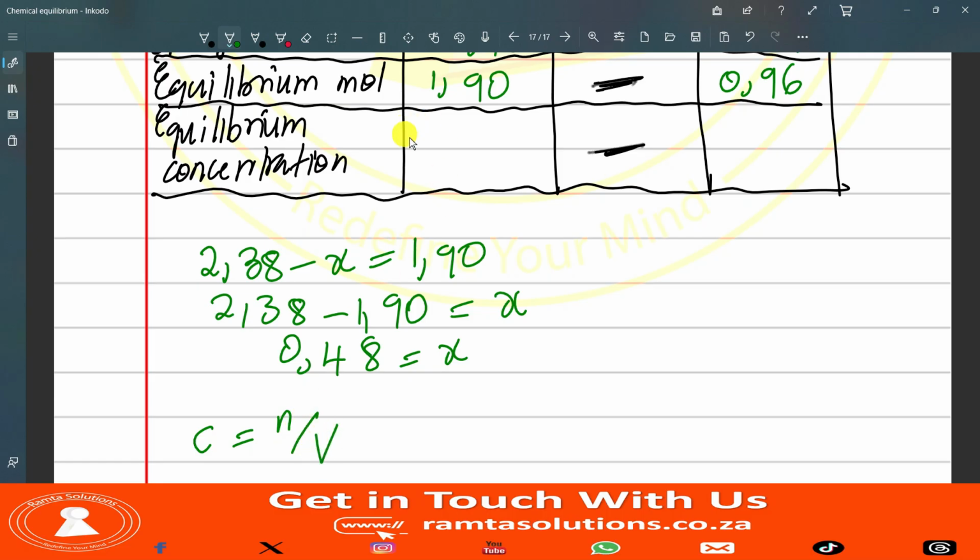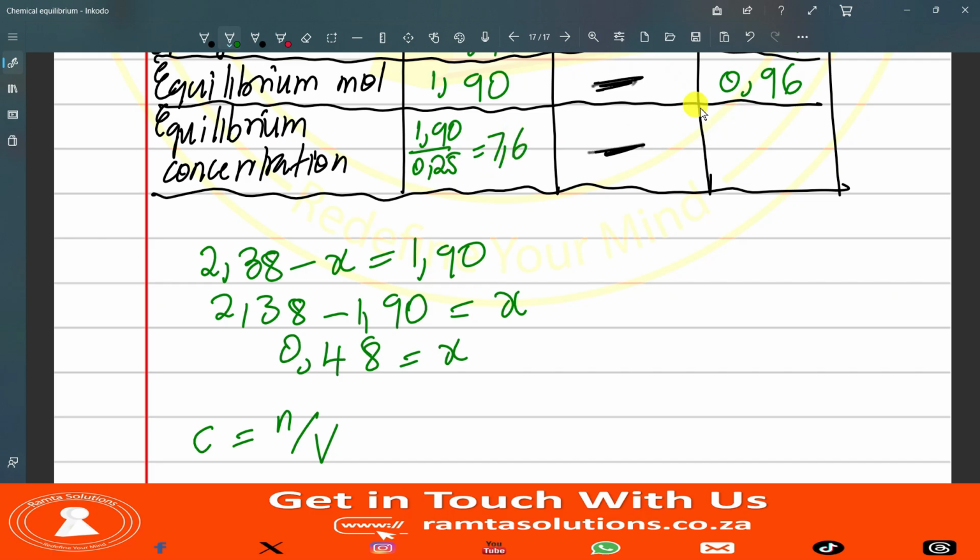So here you will be saying equilibrium mole over volume. Tell me what you're getting now. 1.90 divided by 0.25, what is this? 7.6.